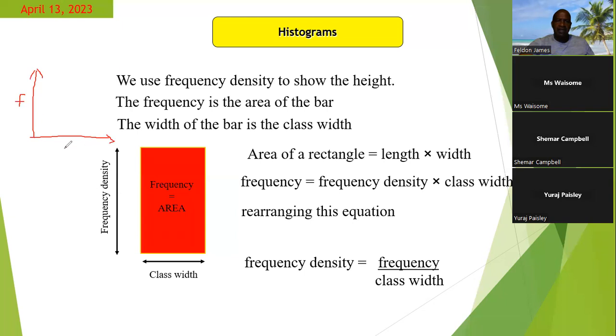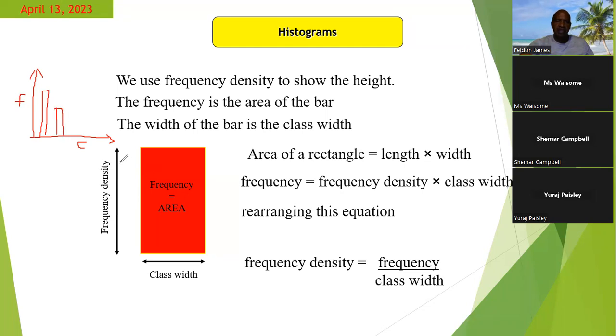And we have our x-axis, which is generally represented either by the class boundaries or the class. And in this case, the height of the bar would tell you the frequency. Now, if we are using the height of the bar, that means all the bars would have the same width.